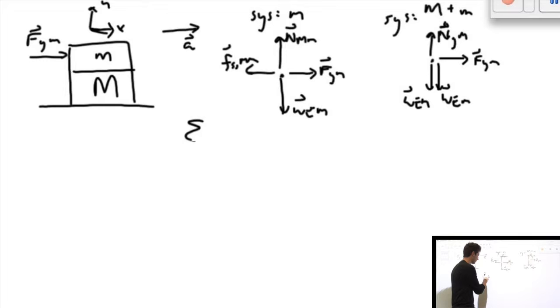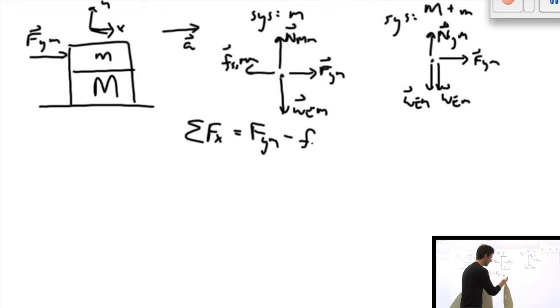So if I wanted to sum these forces in the x direction, where x to the right is positive, I might say something like force F from you on the mass going to the right minus static friction from big M on little m, which is going to the left.